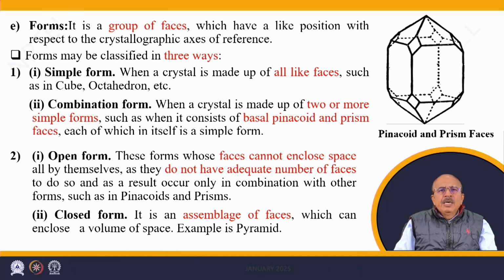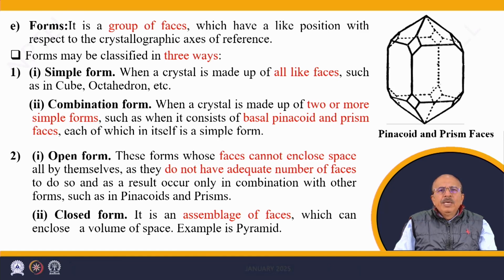The second category is the open form and closed form. Open forms are those forms whose faces cannot enclose space by themselves, as they do not have an adequate number of faces to do so, and as a result occur only in combination with other forms, like in pinacoids and prisms.